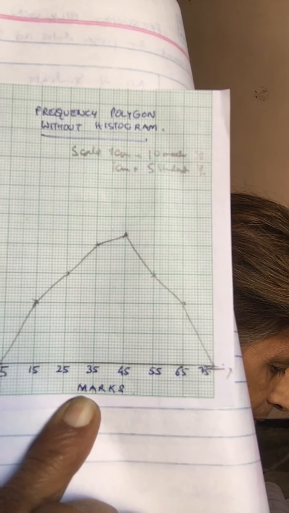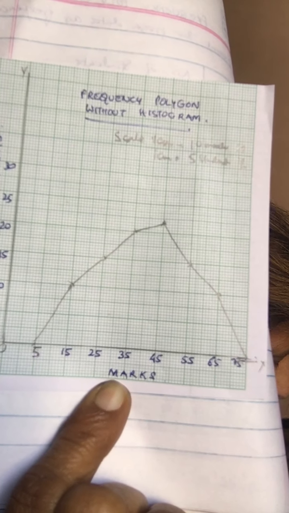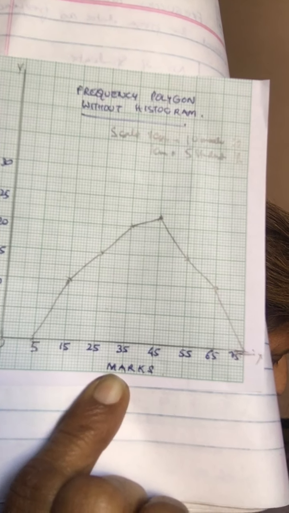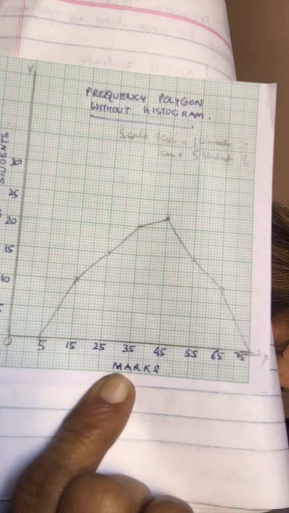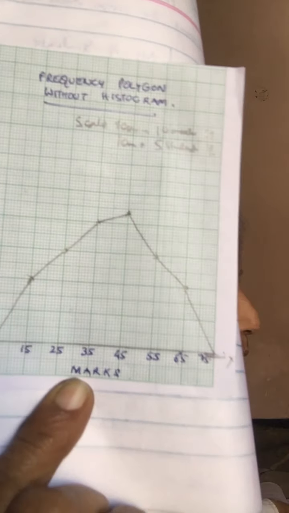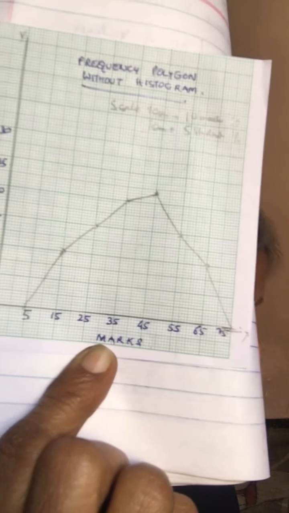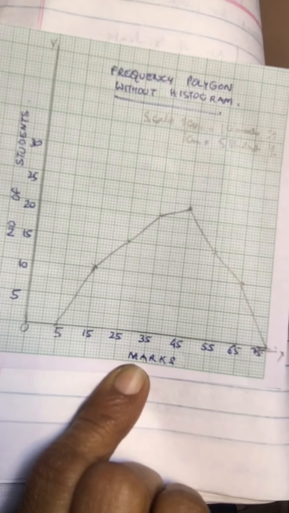Once again, we don't construct a histogram. We just mark the midpoints of the class intervals on the x-axis. Then the frequencies are marked according to the midpoints, and then they are joined. Based on this data, we get a polygon without the histogram, which is interesting.